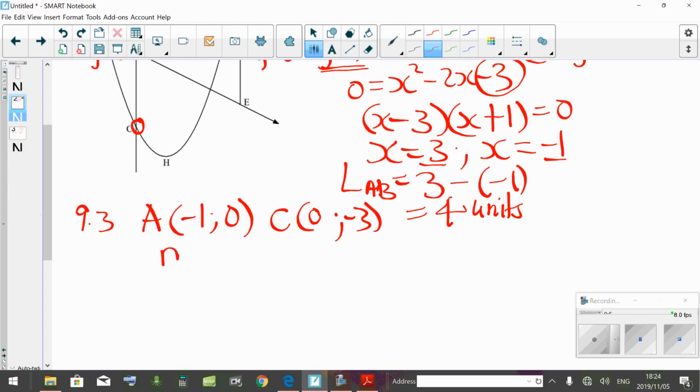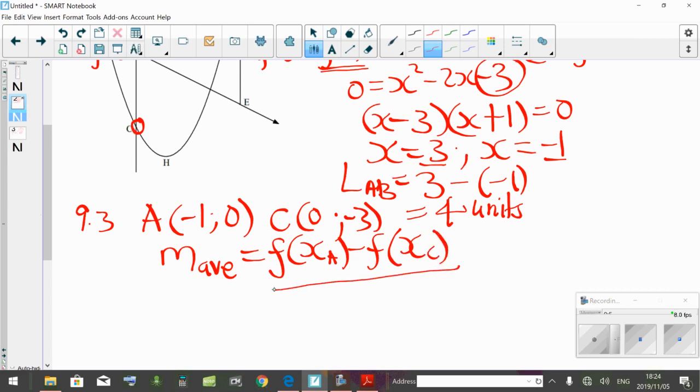Now, average gradient, I'm going to write it m average, is given by f of x at A minus f of x at C all over xa minus xc.